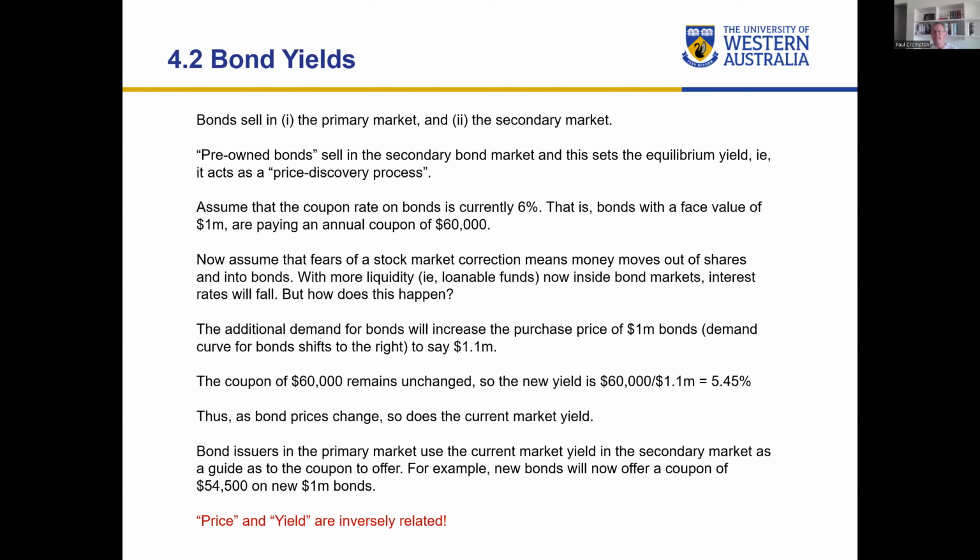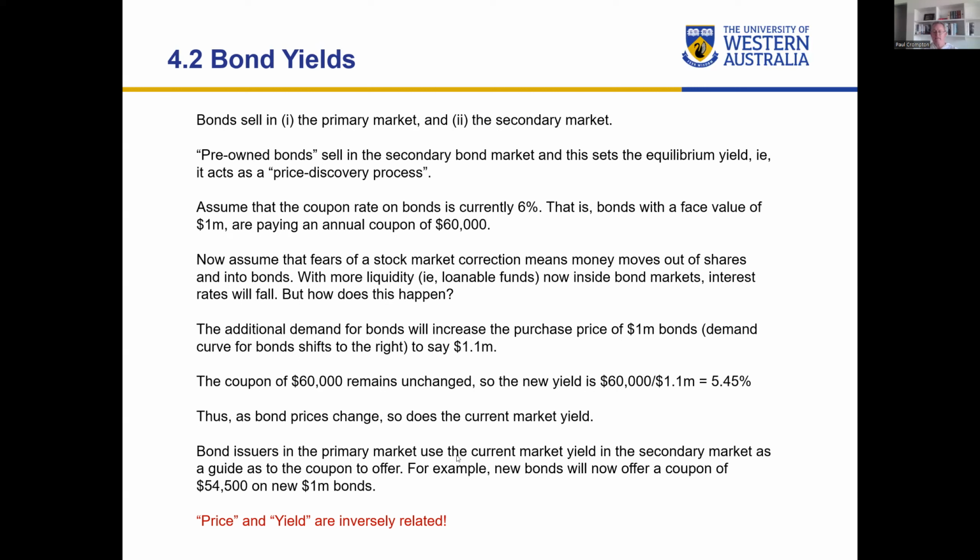And we'll see how that happens a little bit later on. But if you've done the reading, that would make sense to you. And so by money moving out of the stock market into the bond market, shifting the demand curve for bonds to the right, that's how we get the market price of these bonds increasing from the original face value of $1 million up to the new market price of $1.1 million, and then the yield drops as well.